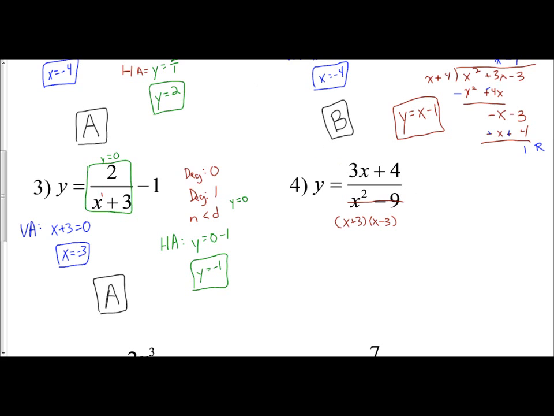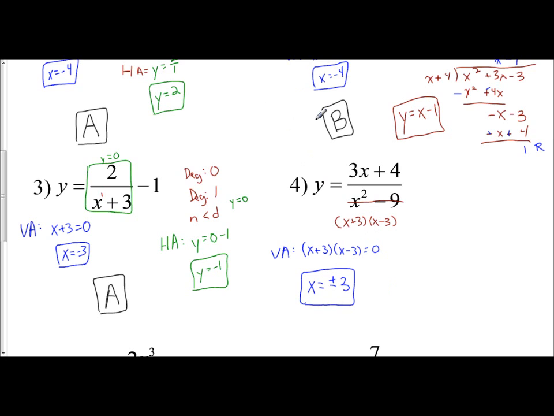That allows me now, when I identify my vertical asymptote, to set each one equal to 0 and solve. So x equals, here I would get -3, here I would get +3. So I have two vertical asymptotes, one at x equals -3 and one at x equals +3.